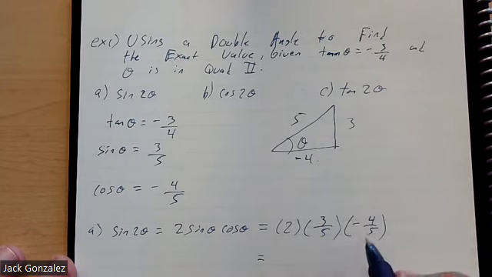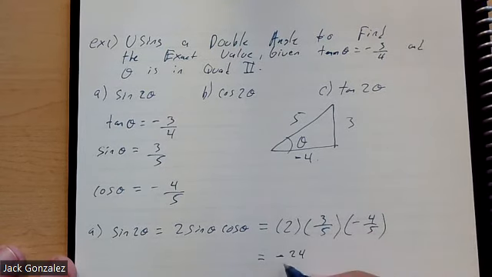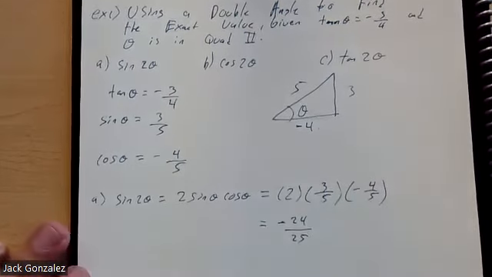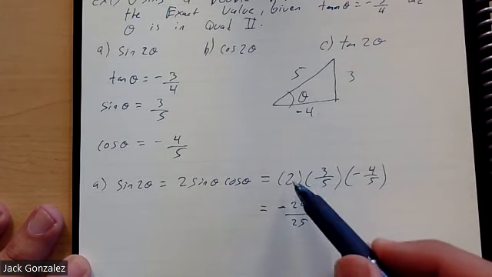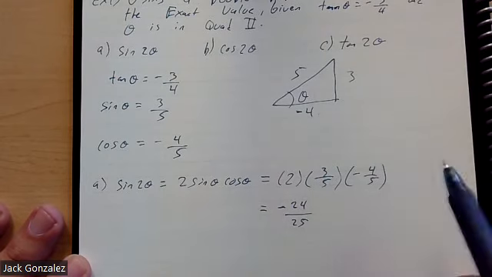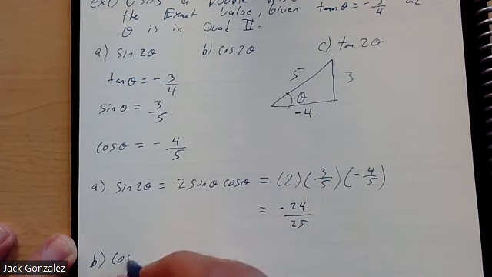So 2 times 3 is 6 times negative 4. It's negative 24, right? Over 25, 5 times 5. Remember, that's all 2 over 1, so you're only going to multiply the top. Any questions on part A? Is that okay?